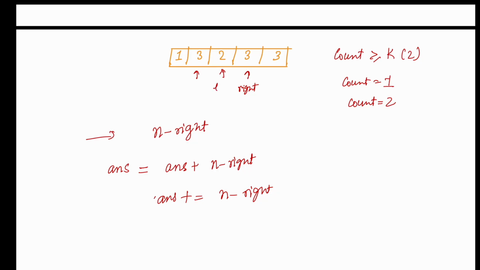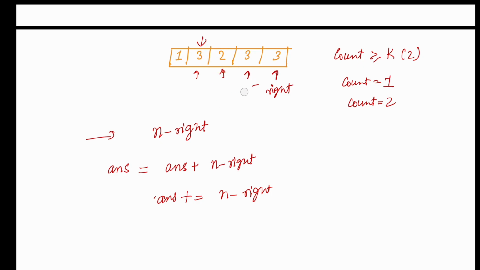Now we move the pointer of left towards here. Now we see that this subarray doesn't have the count of max element as 2 or greater than 2. So we simply increment the right. Now right is pointing towards here. Now we see that it is satisfying the condition. So we need to take this subarray. How many subarrays? We can only get one from here.